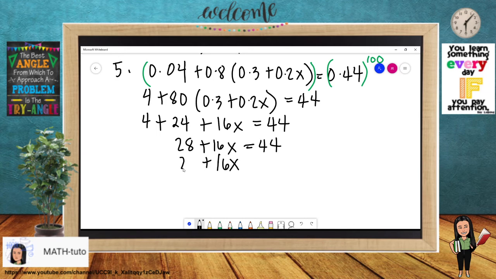Mag-a-add tayo ng negative 28 sa parehong side. Sorry, dito ko na lang nilagay ha. 44 minus 28. Yun yung dinagdag natin. So this is now 16x equal to 44 minus 28 is 16. X is 1.